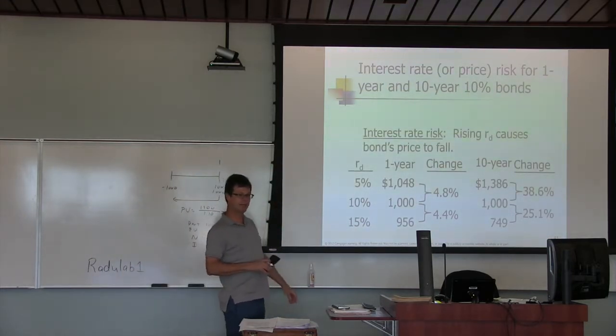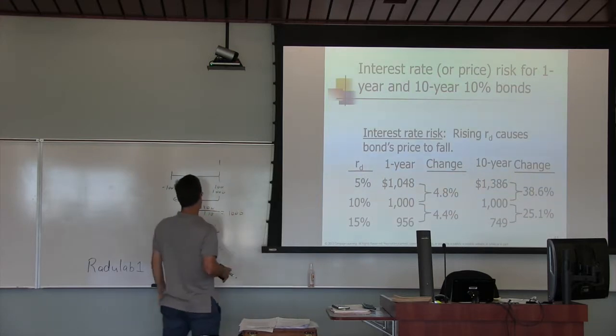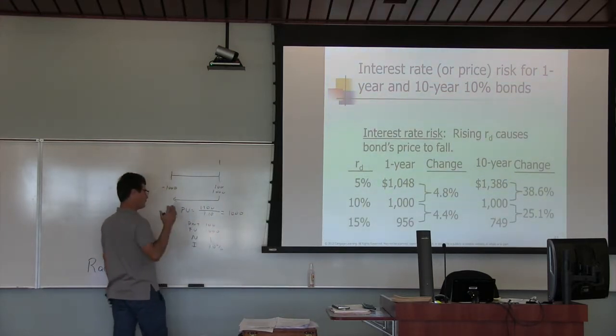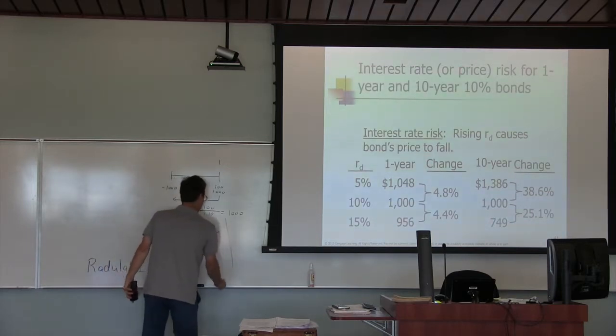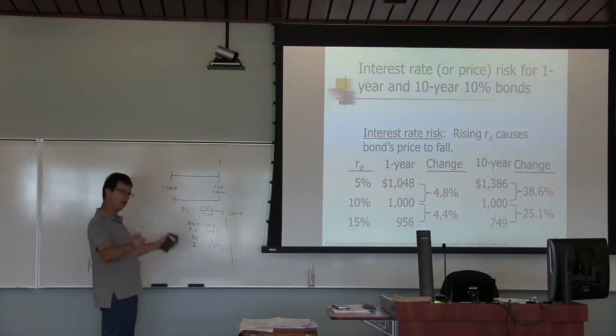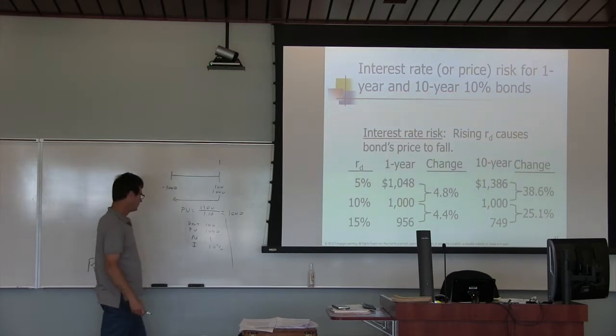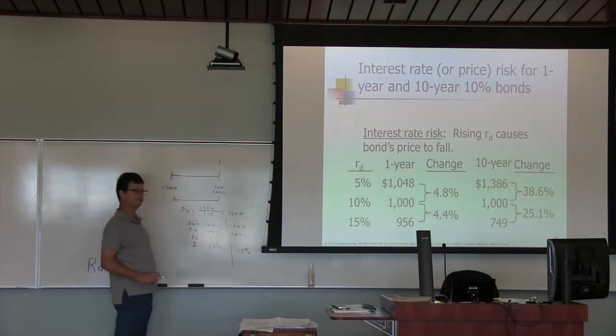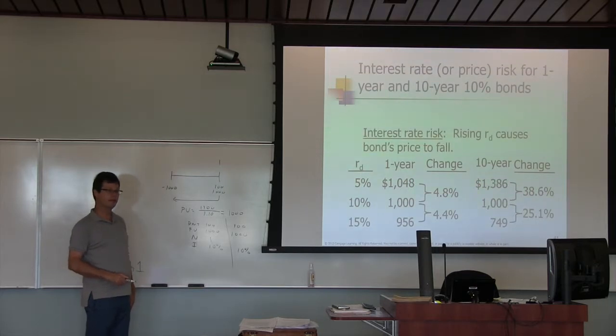Now let's see what happens with the 10-year bond. Now, the 10-year bond, right, you can't do it in a simple little calculation like this, but we know how to do it vis-a-vis the financial calculator. One thing that you're going to remember is that based on that $100 payment, $1,000 future value, and 10% I, you don't need to know how many years it is to come back and tell you the price is going to be $1,000.